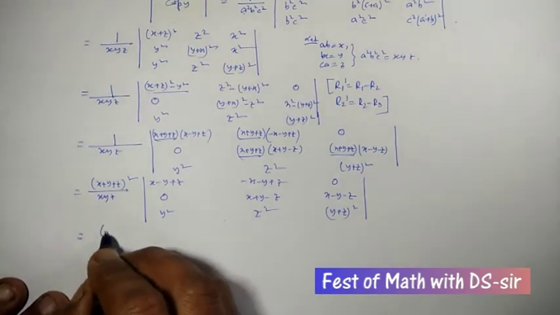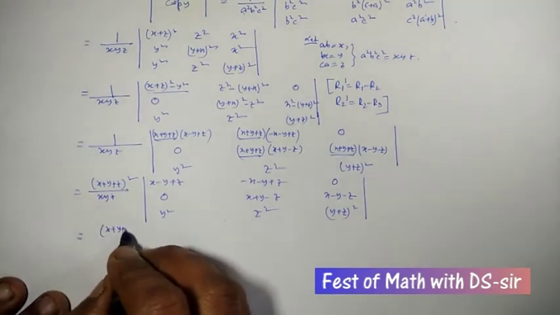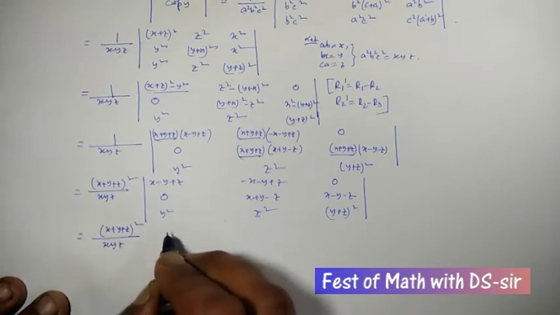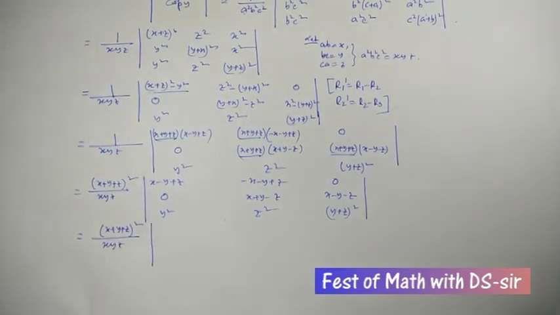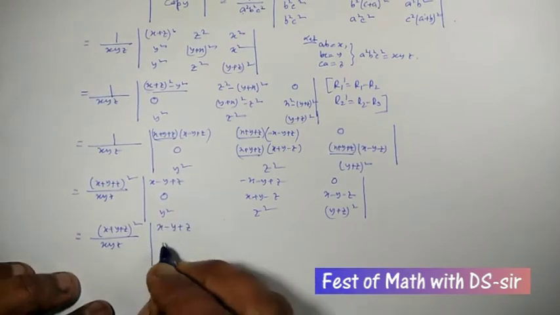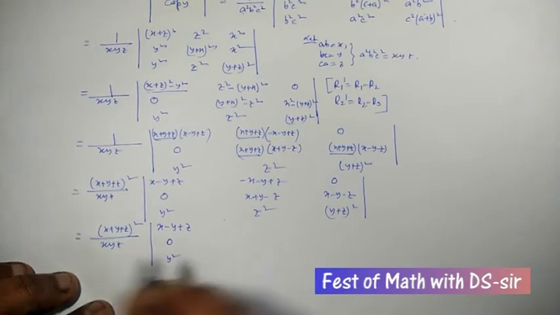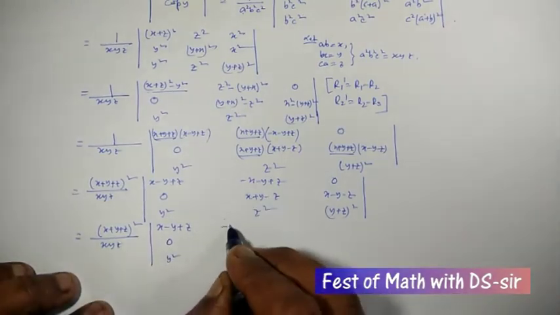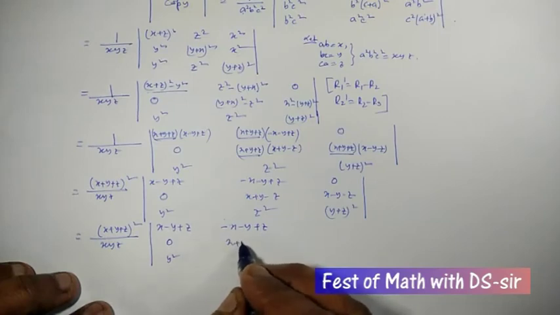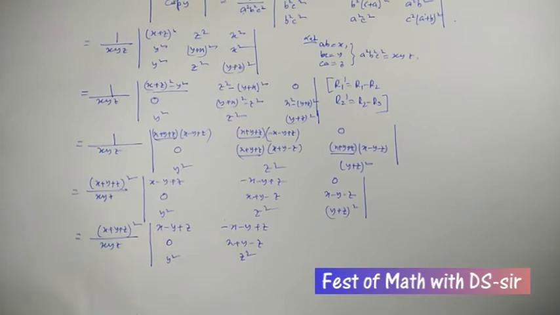We'll do x plus y plus z whole square by xyz into: x minus y plus z, 0, y square remains unchanged, minus x minus y plus z, x plus y minus z, and z square remains unchanged.